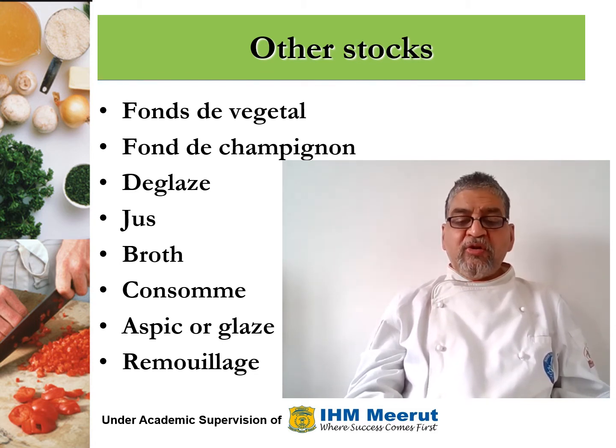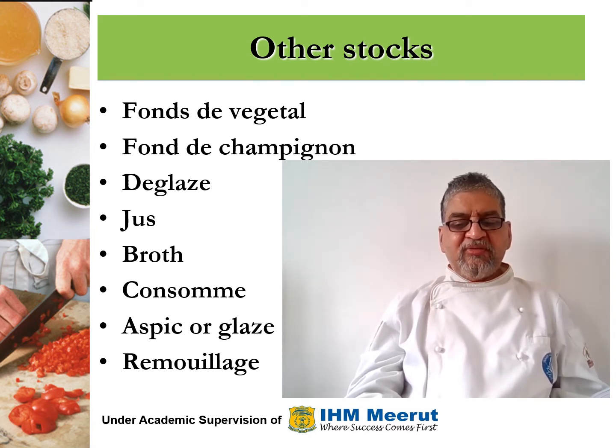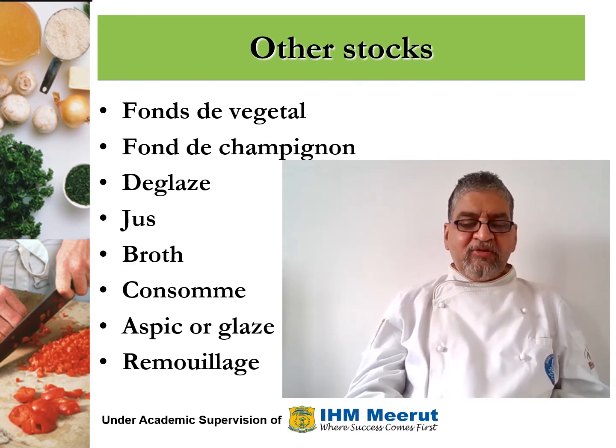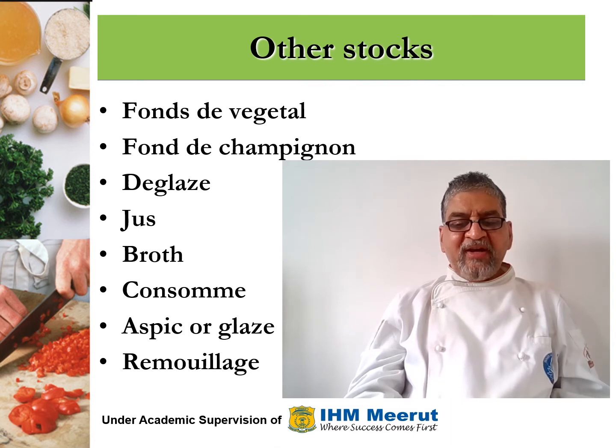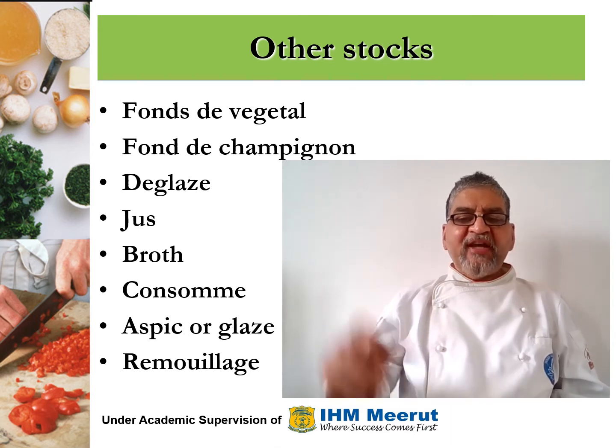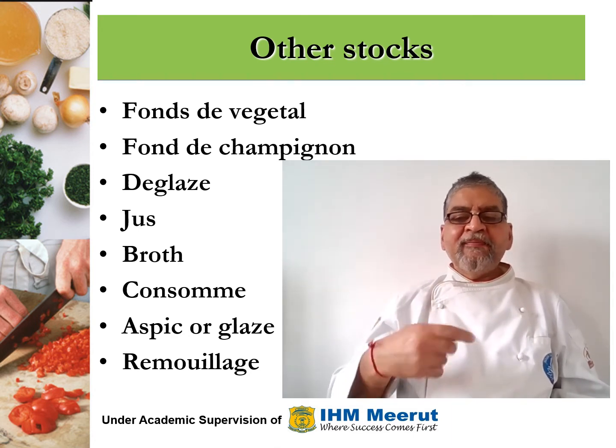Then consommé. Consommé is clarified or clear stock. Clarification takes place by adding egg whites, vinegar and mincemeat to the simmering stock or broth. So first we make the stock and then we clarify it. How do we clarify it? By adding egg white, vinegar and mincemeat and beating it rapidly.